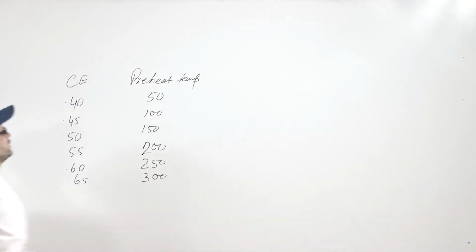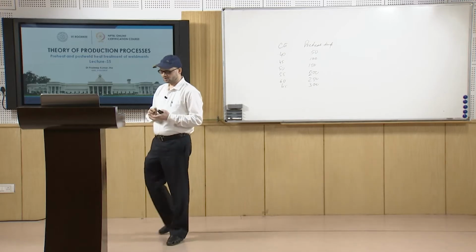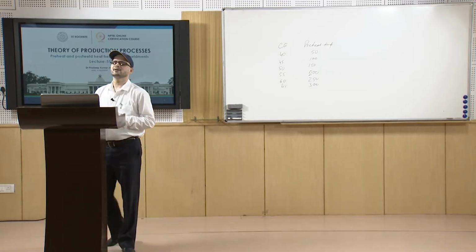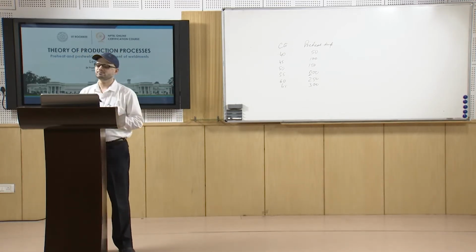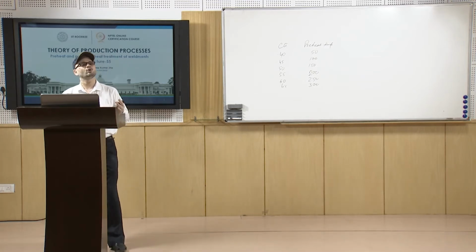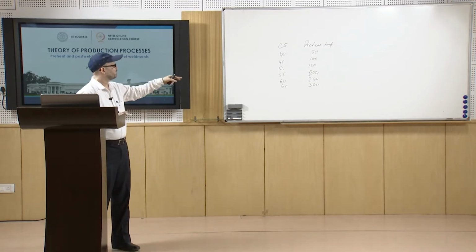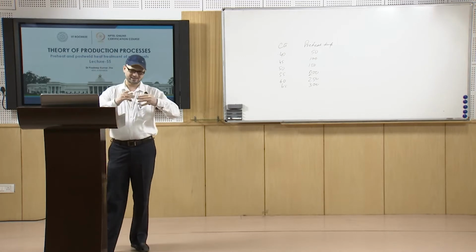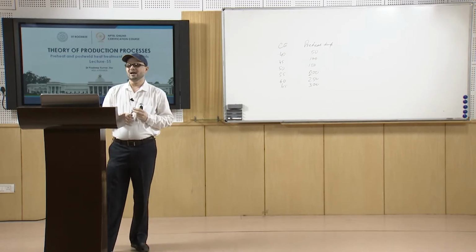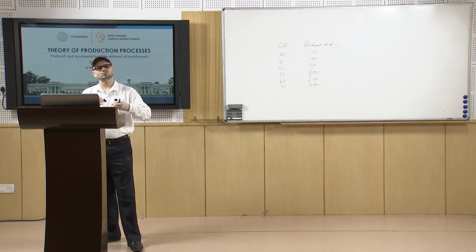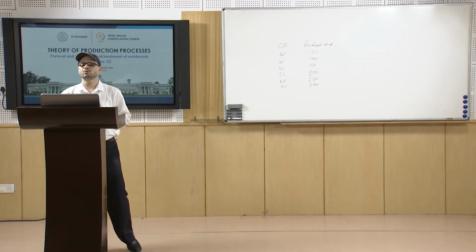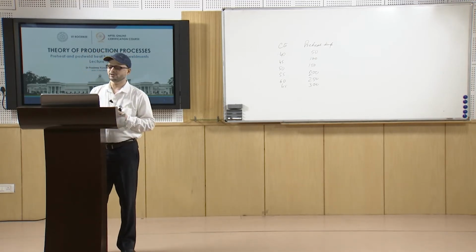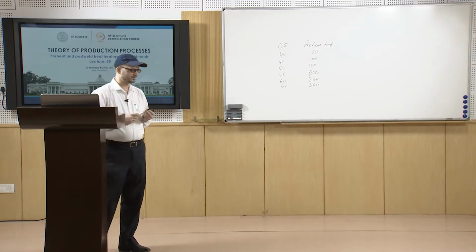So, this way there have been suggestions that you can have the value of the preheat for the plain and low alloy steels. We first find the carbon equivalent depending upon the alloying elements, and then we try to see how much the preheat temperature should be. So, that way we can have it.